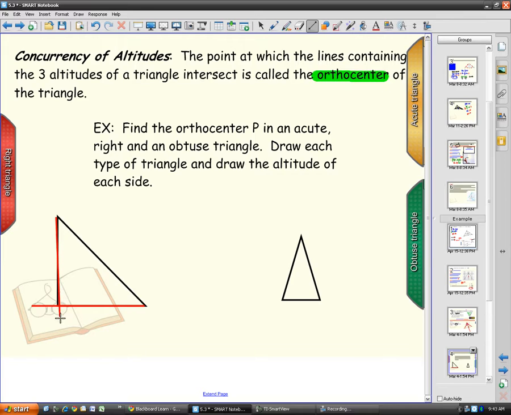So there's two of my altitudes. And so then my third altitude, in order to take this corner and meet at the opposite side at a 90-degree angle, something like that, you'll notice that all three of my red lines meet on the triangle. And so that's the trick. Right triangles.